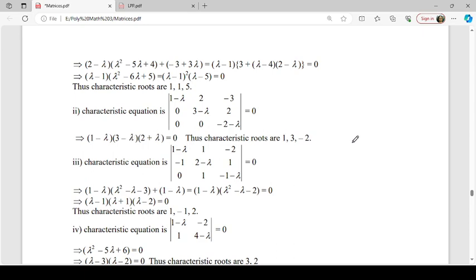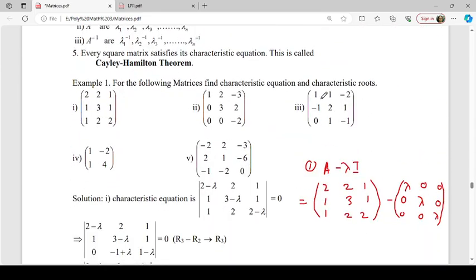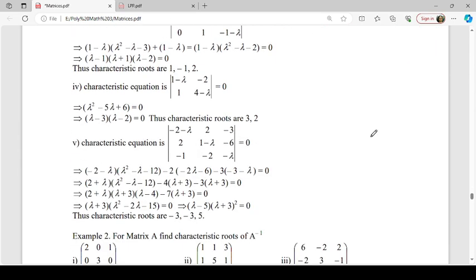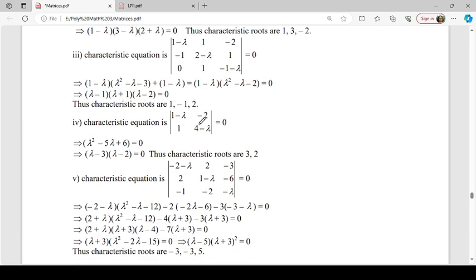Then the third one: 1 minus lambda, 2 minus lambda, minus 1 minus lambda. After expansion we have it like this. This is again factorizable. Then the characteristic equation is second order, very simple. Only a quadratic will come out.